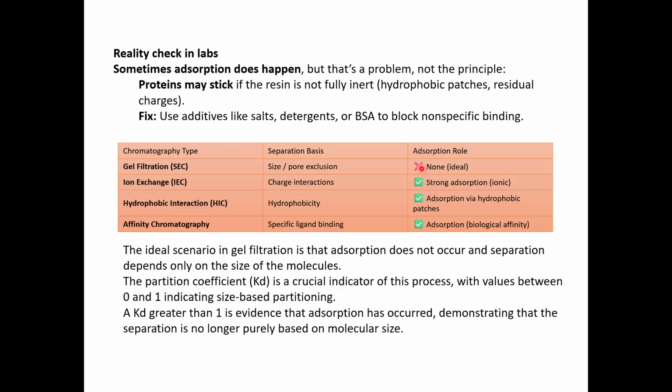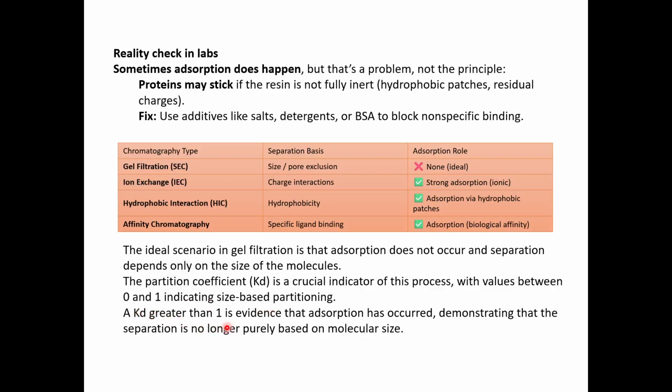So SEC is the only one where you do not need adsorption, or adsorption does not play a role in separation. In an ideal scenario, in case of gel filtration, adsorption should not take place and the separation should be based only on the size of the molecules. The partition coefficient Kd is a crucial indicator of this process, with values between 0 and 1 indicating size based partitioning.